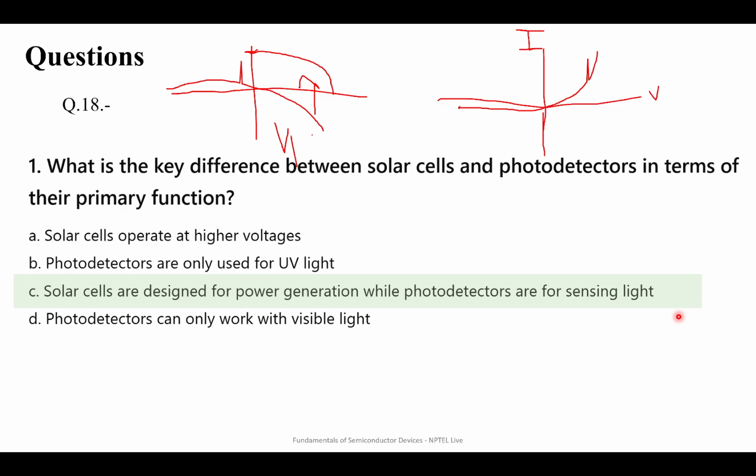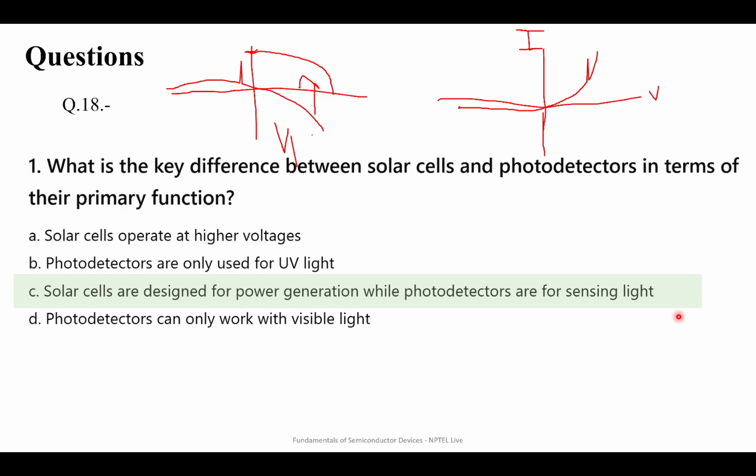Okay, sir. But basically the differentiation comes in the functionality. In a solar cell, you expect the electron hole pairs to generate power output. In a photodetector, you expect the electron hole pairs to change your current signal.